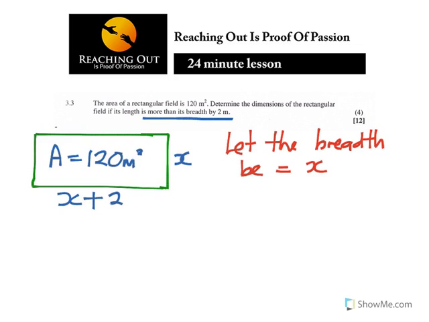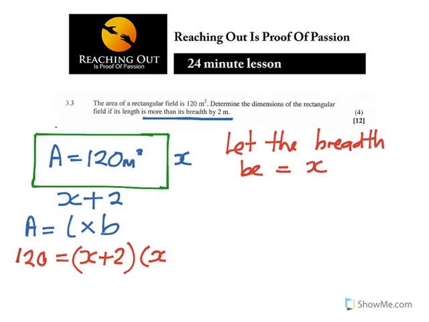Now the only thing you need to know is how to find the area. Remember, the area of a rectangle is length times breadth. In other words, we are saying the area is 120, so 120 is equal to length, which is x plus 2, times breadth, which is x. Now we have to solve that equation. Simple.